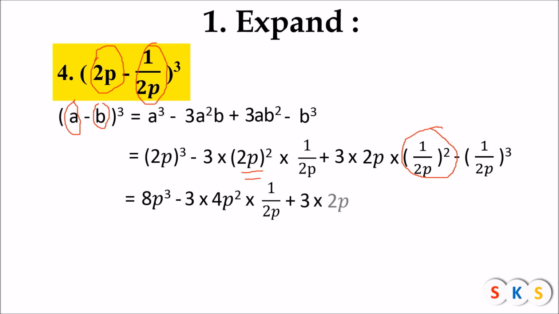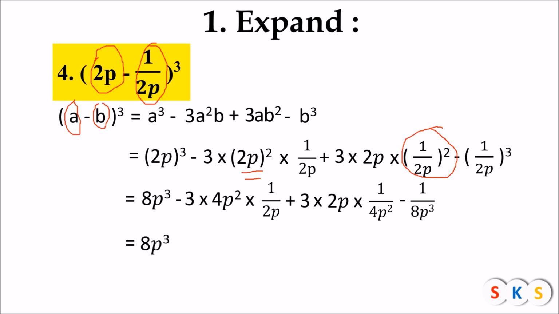So we get 3 into 2p into square of 1 is 1, square of numerator. What is the numerator over here? 1, that is 1. Square of 1 is 1 and the denominator is 2p, and square of 2p is 4p square. So we'll get 1 upon 4p square, minus cube of 1 upon 2p. Cube of 1 is 1 and cube of 2p is 8p raised to 3. So we will get here 1 upon 8p raised to 3.